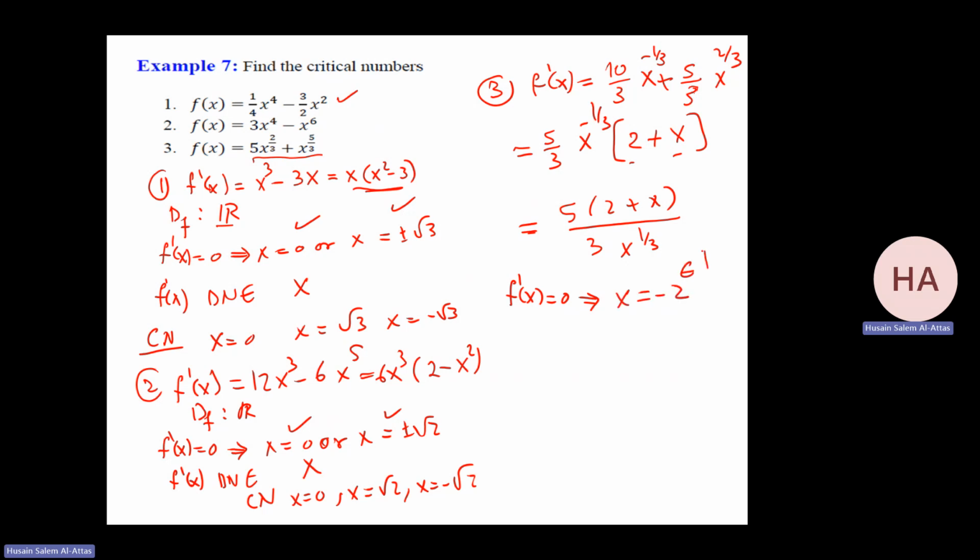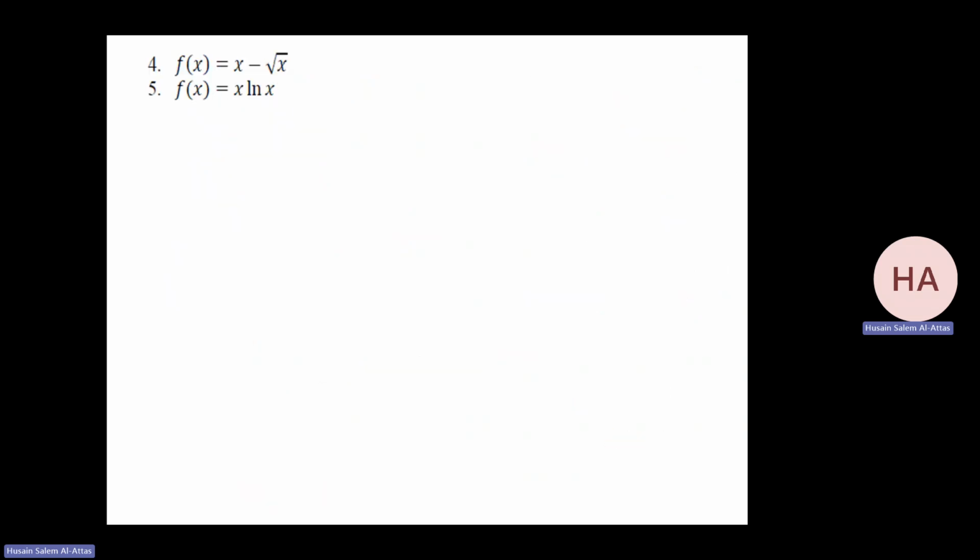Is it in the domain of f? Yes, the domain of f is all real numbers, so we have no restriction. Now, f prime does not exist. That will happen if x equals 0. Is it in the domain of f? Yes. So what are the critical numbers? x equals minus 2 and x equals 0. These are the two critical numbers.